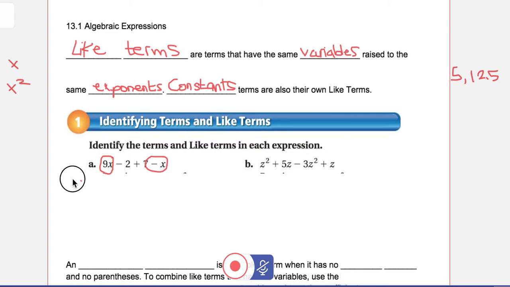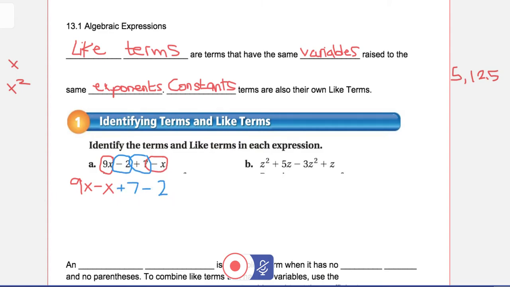So now if I were to combine my like terms and simplify, I have a 9x, take away an x. Then I look at what are the other terms I have. Here's a -2, and then I have a plus 7. I can rewrite this in any order as long as I keep that sign in front. So I'll put this as plus 7 minus 2.